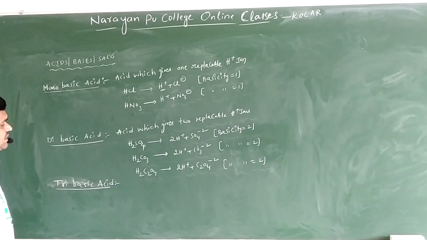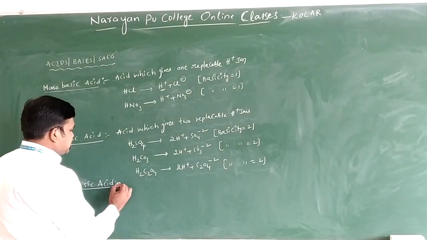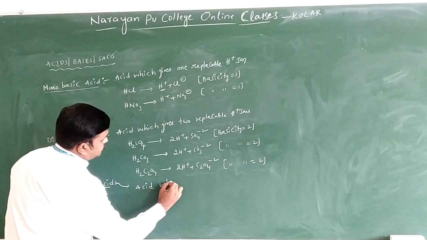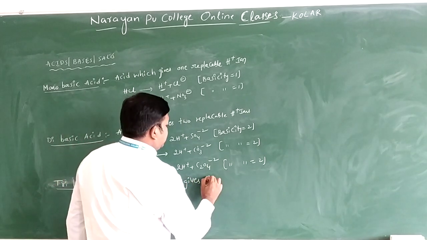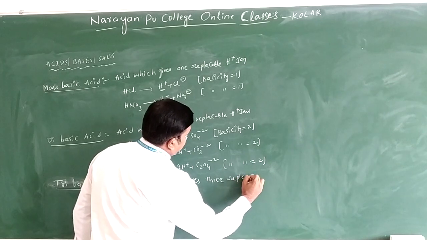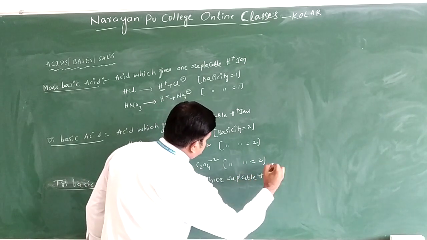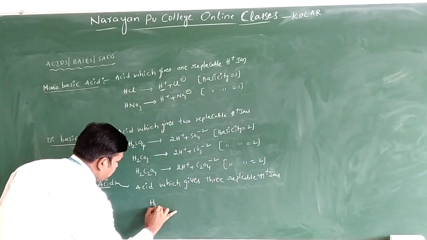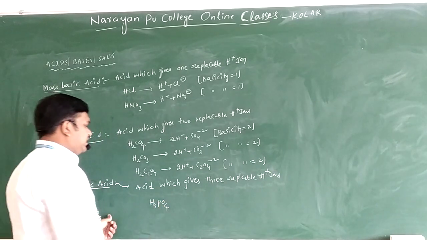For the last one we have tribasic acid. Tribasic acid means the acid which gives 3 replaceable H plus ions. An example we have is H3PO4, phosphoric acid.